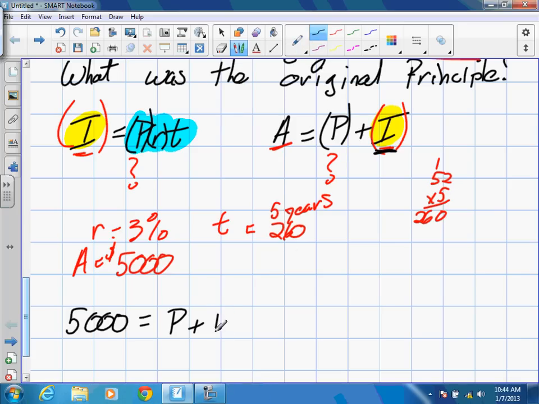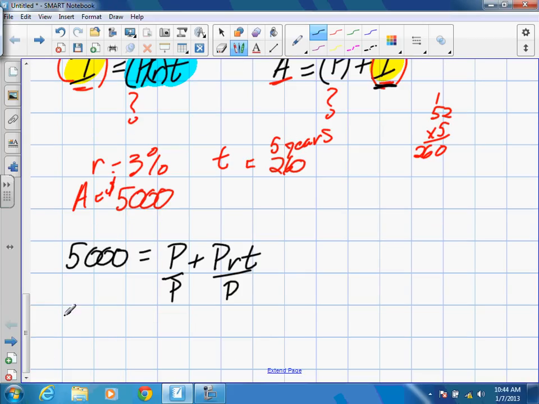And what variable is in both of those terms? P. So I can common factor, if you guys remember, we can common factor P out. Okay? So we're going to take that P out as a common factor. So we're going to be left with 5,000 is equal to P times 1. P divided by P would be 1 plus RT.